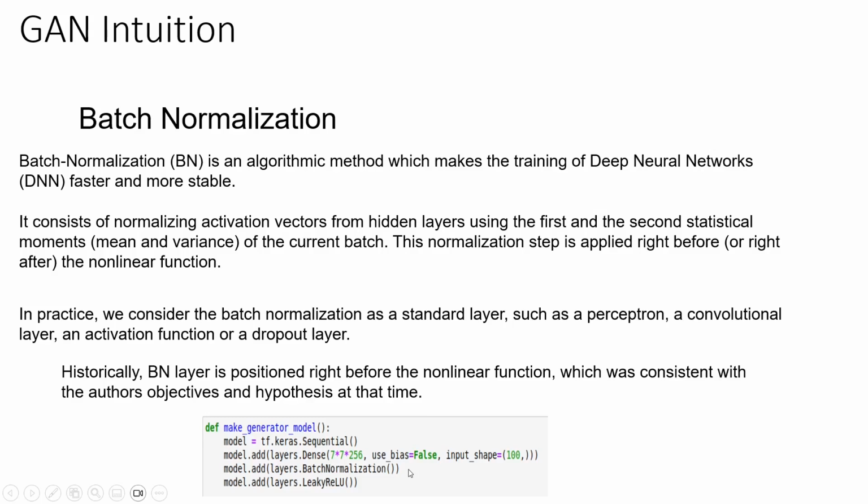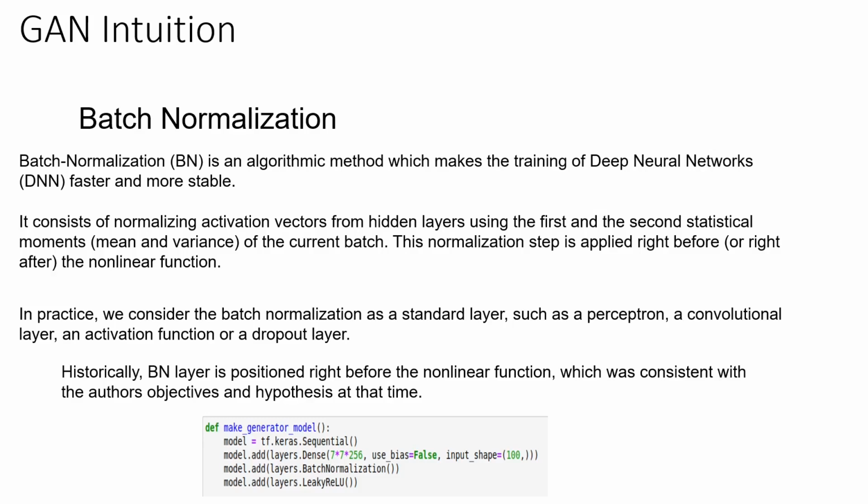And in practice we consider batch normalization as a standard layer such as a perceptron, a convolutional layer, an activation function or a dropout layer. Usually batch normalization is positioned right before the nonlinear function, which was consistent with the authors' original hypothesis at that time.